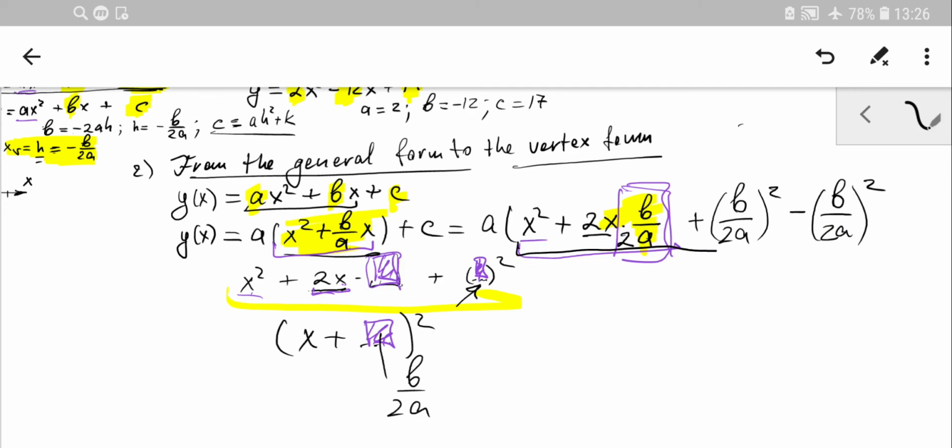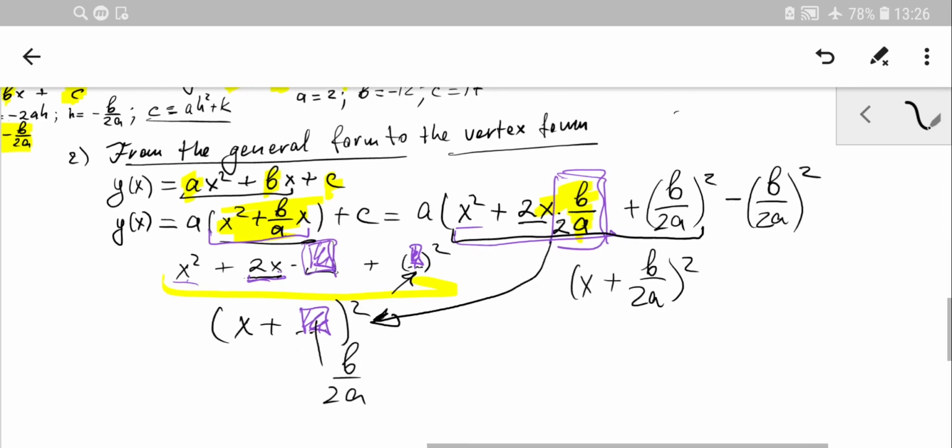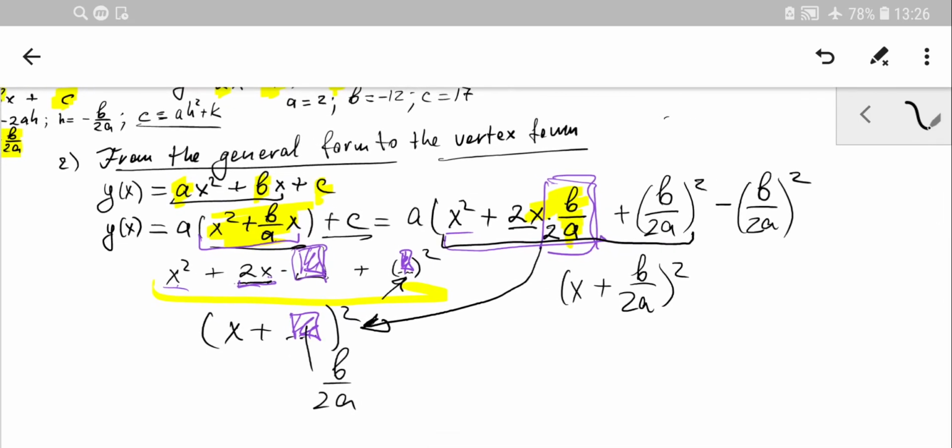Okay, this part is the formula. So this part is simply x plus b over 2a, which is squared. But I need to add c later on. So that was the expression times a.